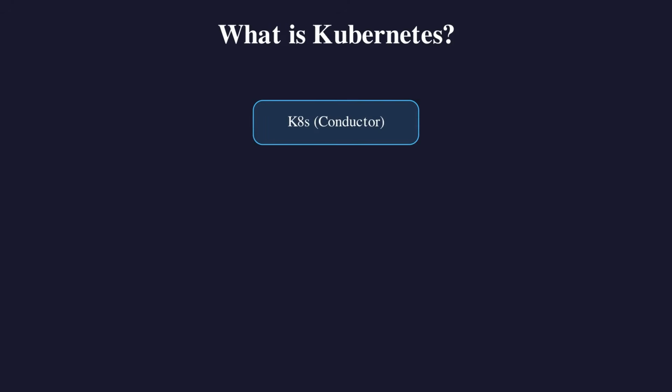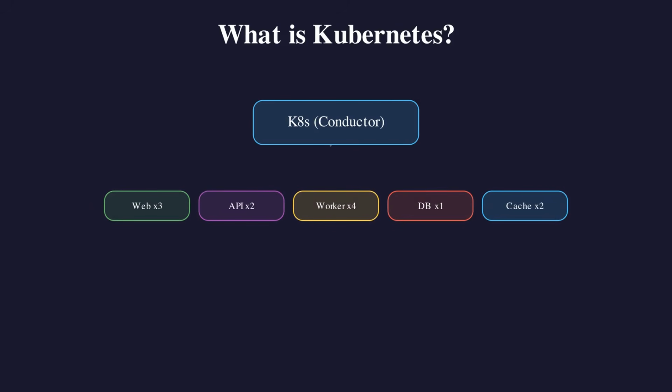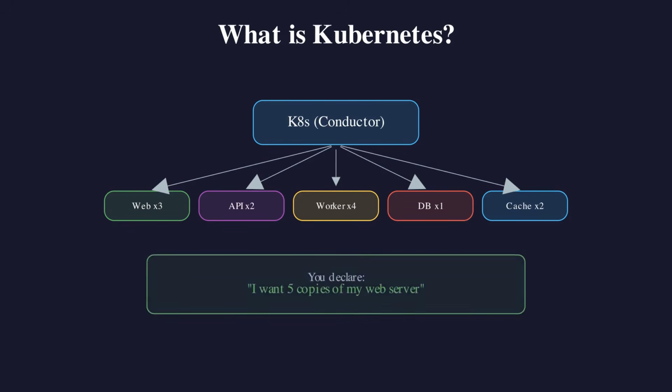So what does orchestration actually mean? Think of Kubernetes like a conductor of an orchestra. You have dozens of musicians, those are your containers. The conductor doesn't play any instruments. Instead, they coordinate everyone: when to start, when to stop, how loud to play, how to stay in sync. Kubernetes does the same thing for your containers.